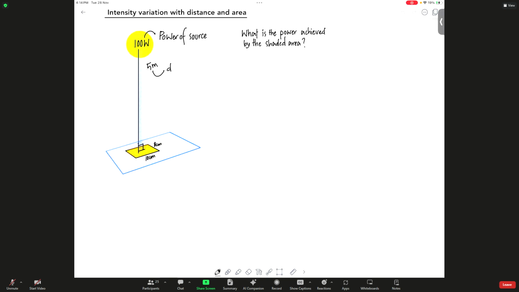Both of them will be needed here, so you can't just use 4 pi d square. 25.5? No, I think it's close, but you need the correct units. I think there's a problem with the unit.